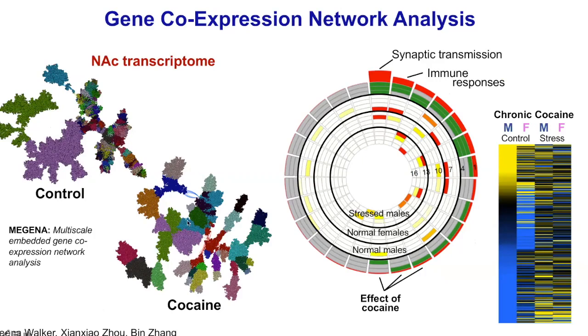Each color is a different module. You can see a dramatic reorganization of the transcriptional structure by cocaine. You can then map these individual modules in what's called a Surcos plot shown to the right. Each slice of a pie is a different gene module. The genes in a module are grouped simply on the basis of their correlation within our data sets, having nothing to do with their known biology.